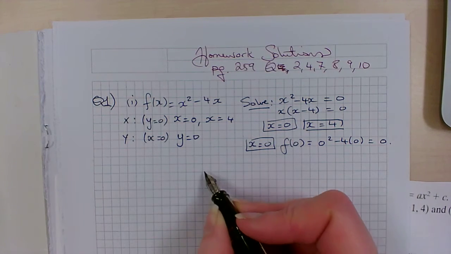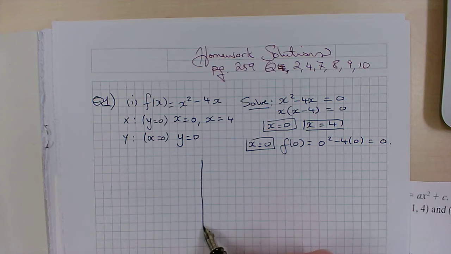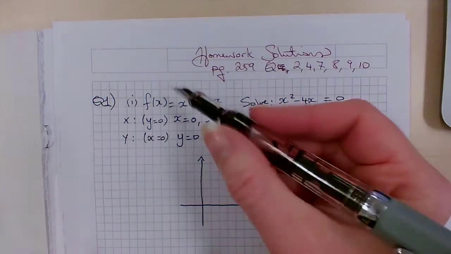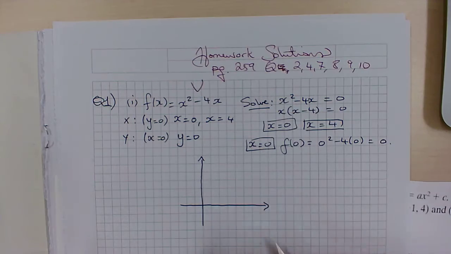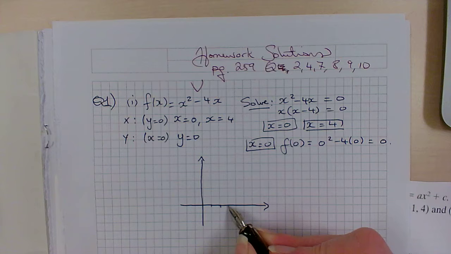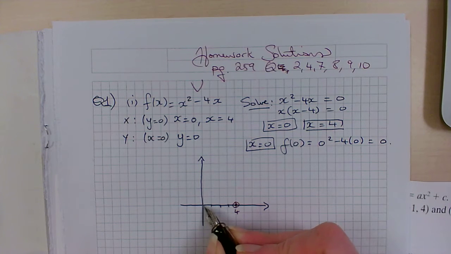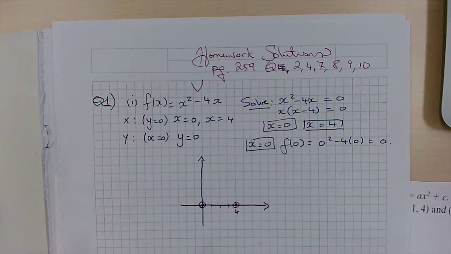In terms of sketching it, it's going to be a U-shaped graph because it's a positive x squared. So 1, 2, 3, 4. It's going to go through that point, and it's going to go through that point.